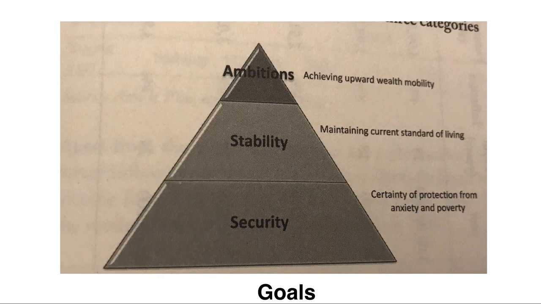And the goals would primarily fit into three different areas: security, stability, and ambitions. During the industrial age, people focused mainly on security. Food, clothing, shelter was the key term, and then stability with the service industry, and now ambitions with the knowledge industry.